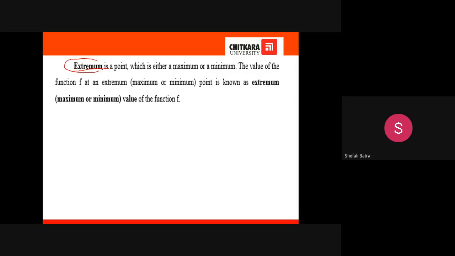This extremum is a point at which function is either maximum or minimum. And extremum value is what? That is maximum and minimum value of function, right? There is a difference between extremum and extremum value. Extremum value means maximum or minimum value of that function, and extremum means the point at which function is going to be maximum or minimum.